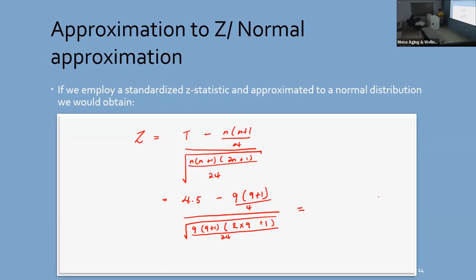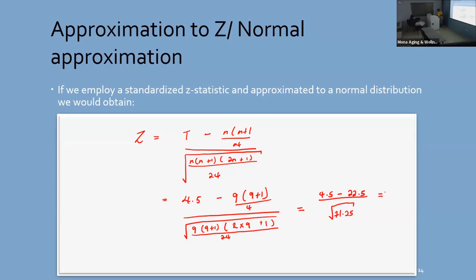Or maybe I should write it out. I'll write it out. All right, 4.5 minus 22.5, divided by. So when you work out all of the denominator, what did you get? Square root of what? 71.25.